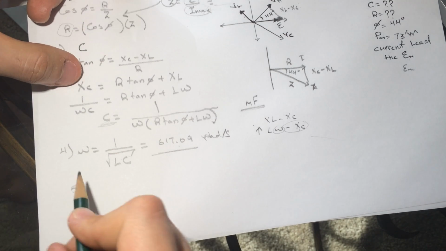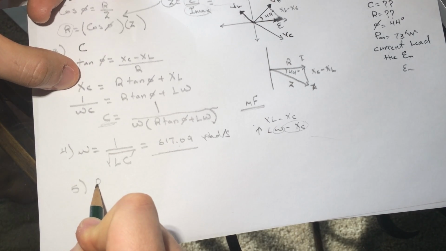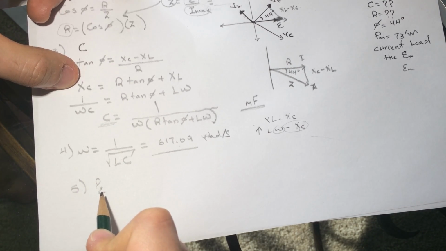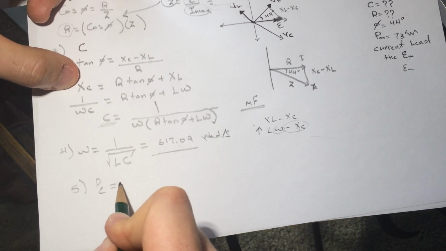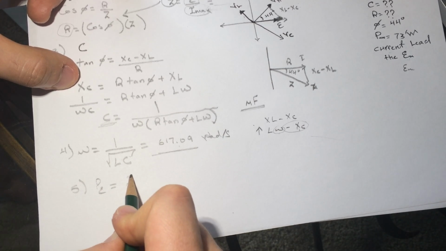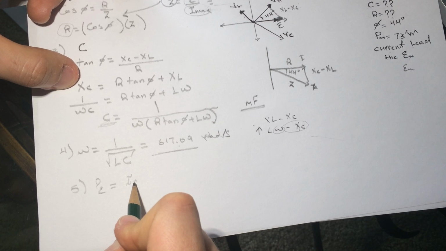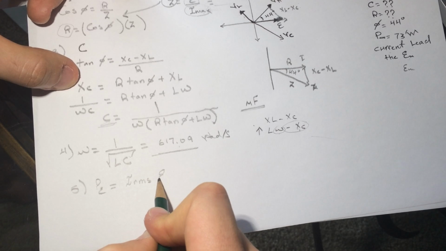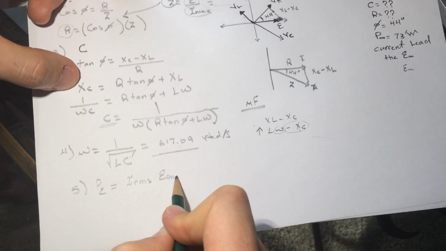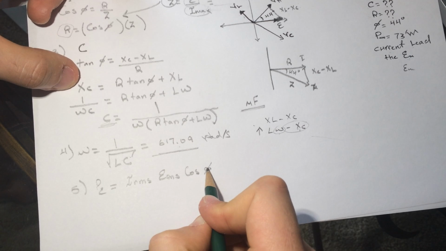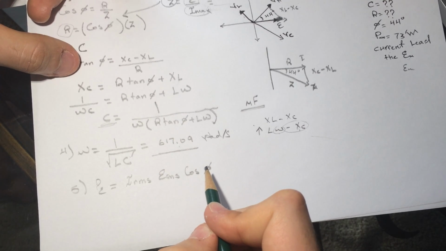Alright, cool. So the power delivered to the circuit is equal to I RMS times V RMS times cosine of theta.